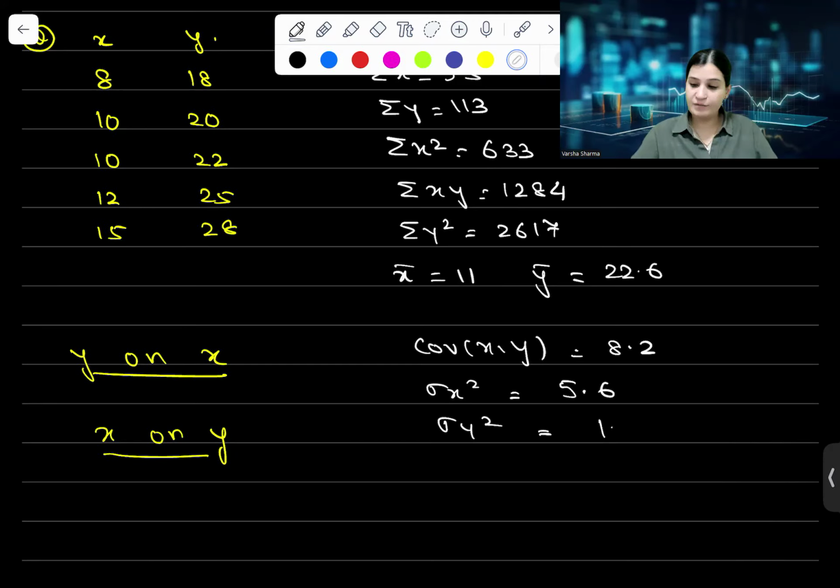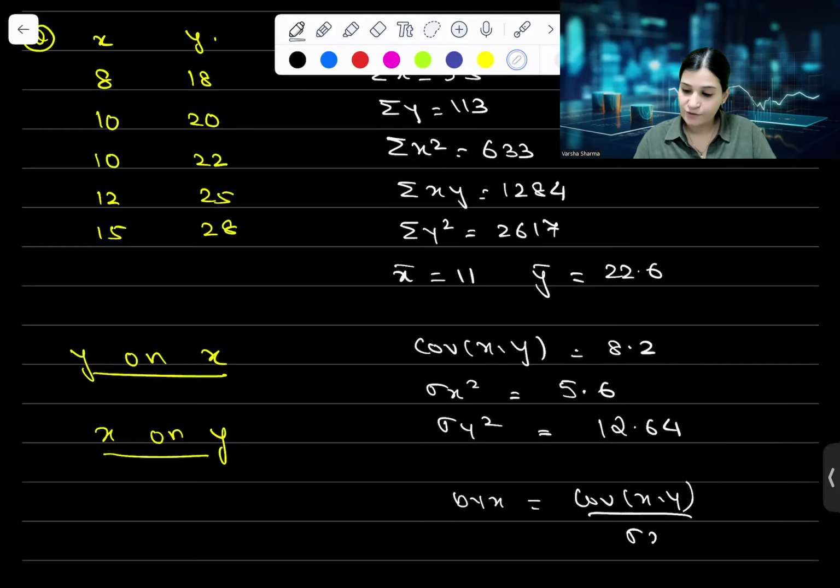Variance of y is 12.64. So byx is covariance by variance of x: 8.2 divided by 5.6, 1.464.